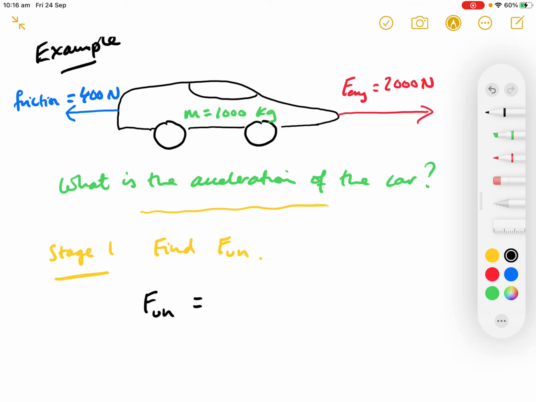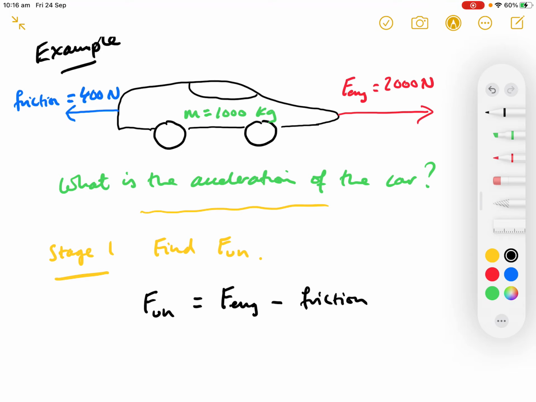So we take the bigger of the forces, that's the 2,000 newtons, the engine force, and we're going to be taking away from that the friction. So you can see that we've set up an equation for the unbalanced force.